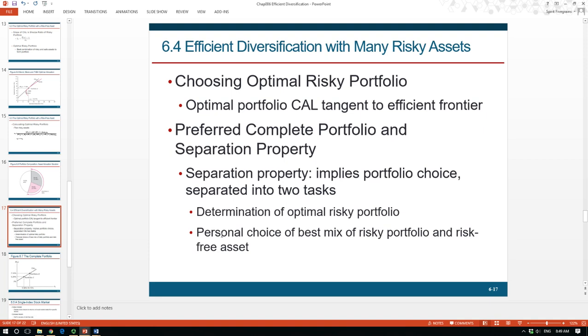And once again, if you prefer higher return, which means you have the capability to bear more risk, then you might want to allocate more money in the risky portfolio. But if investors are very conservative and prefer a lower amount of risk, then they should allocate more money in risk-free assets than the risky portfolio.